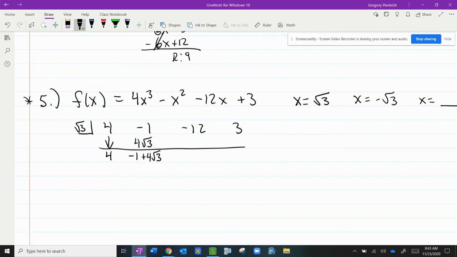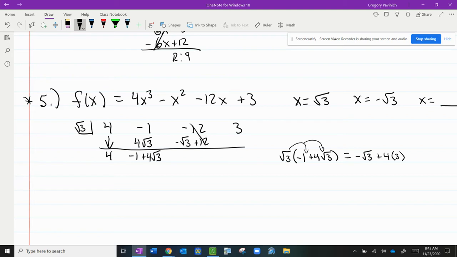Next thing I want to do is take the square root of 3 and multiply it by a binomial. You can either do this on the side like I'm doing, or you can do it in your head. I get negative square root of 3. Doesn't matter which order, because this is not that kind of problem where I have to worry about the order. So I have square root of 3 when I distribute to 4 square roots of 3, which is 4 times square root of 3 times square root of 3 is 3. 4 times 3 is 12.